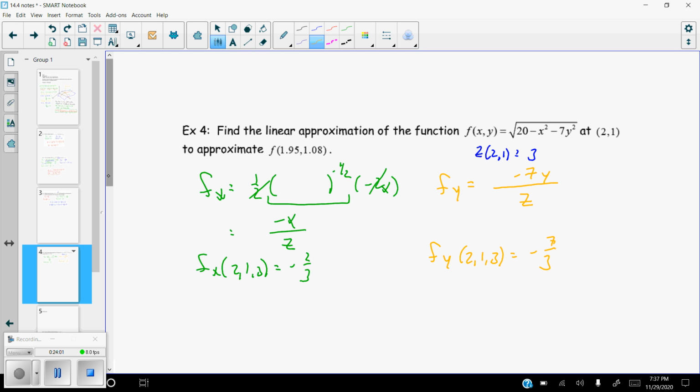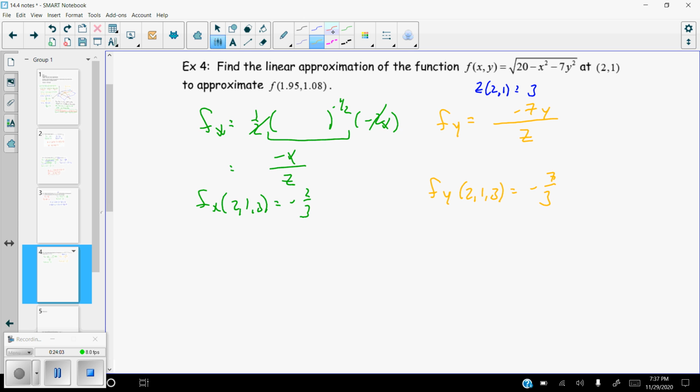Now let's just plug all this stuff in. So we'll write our equation. z minus 3 equals f sub x, negative 2/3, times x minus x naught, x minus 2, minus, since it's minus 7/3, times y minus 1. Now what it wants is the linearization at the point 1.95, 1.08.